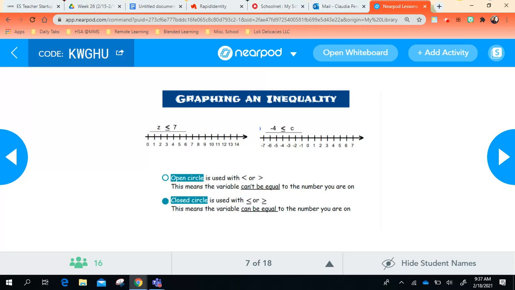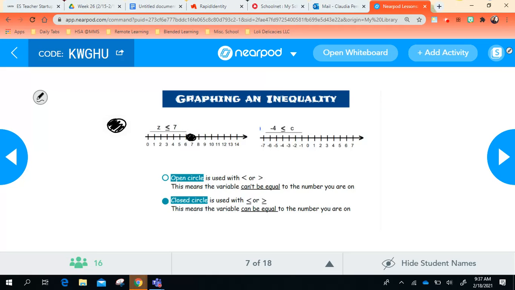Z is less than or equal to 7. Perfect. Z is less than or equal to 7. So because it's less than or equal to, are we going to do an open circle or a closed circle? We're going to use a closed circle. So I'm going to come over to my 7, and I'm going to do a closed circle.